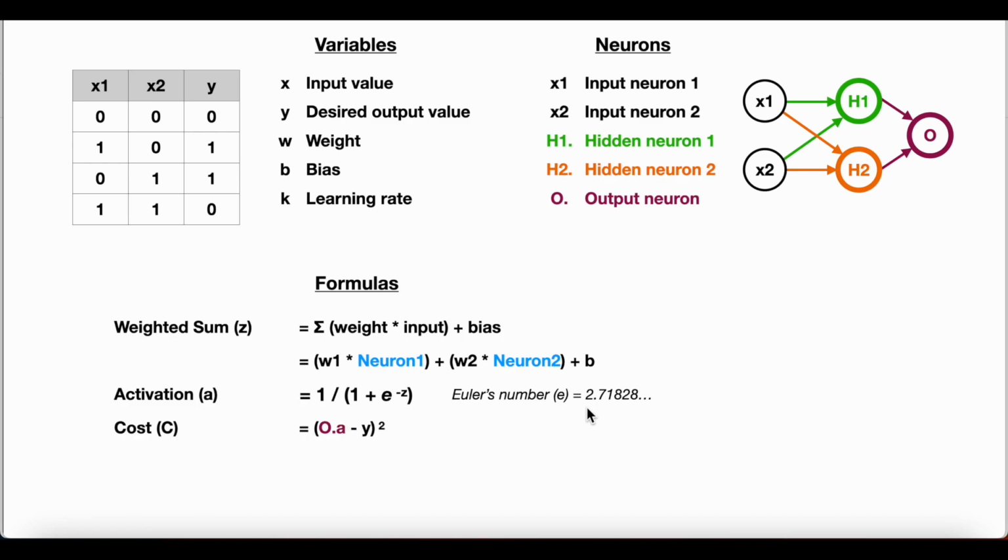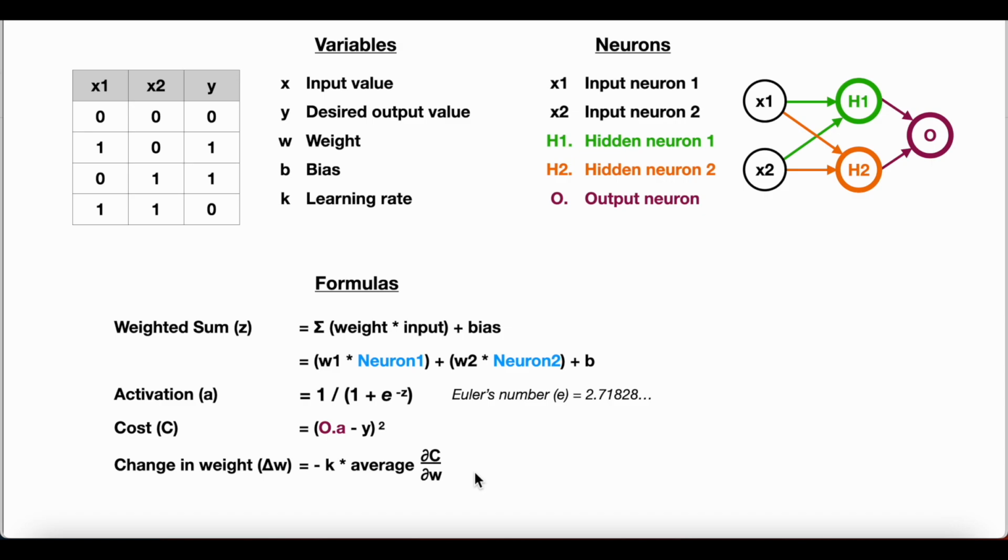The cost is going to be the output activation minus the desired output value, y, and then we're going to square that. And the change in weight is going to be minus k, the learning rate, times the average of the partial derivative of the cost with respect to the weight.